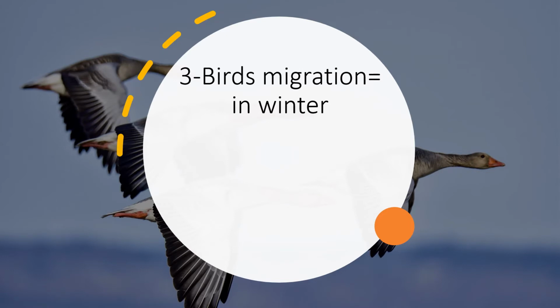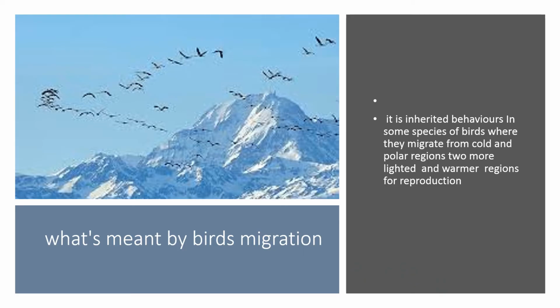Now I'll talk about the third one. It's bird migration, and it happens in the winter season. What is meant by bird migration? It's an inherited behavior in some species of birds, for some types.